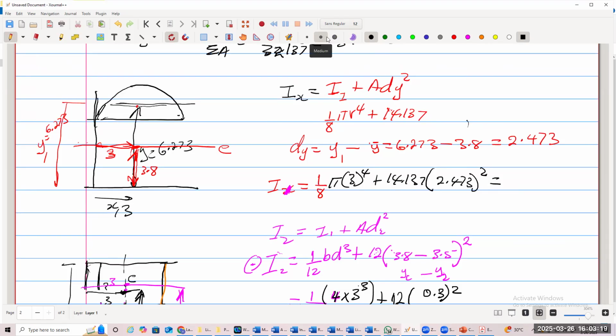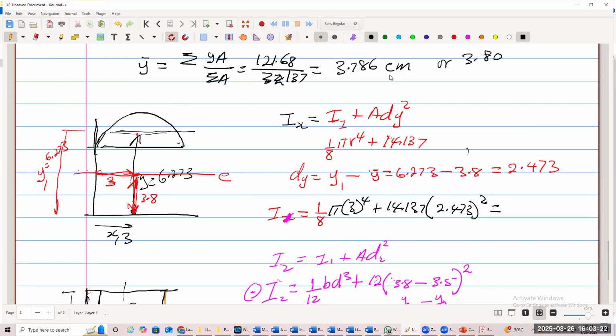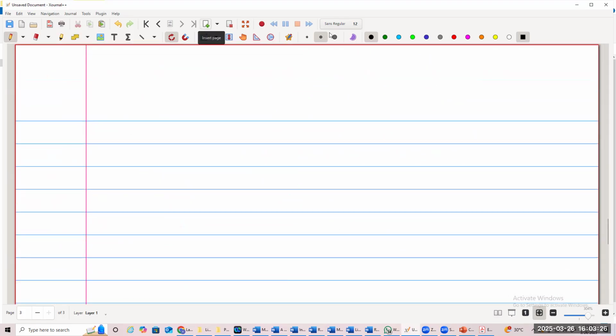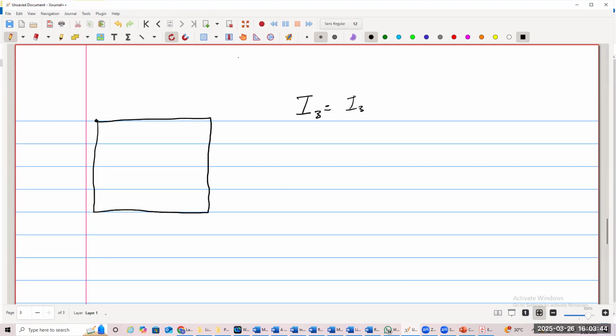This is what I have. I have a presentation now, and let me just see if I could show you how to do the last one, which is easy. The last one would be the bigger figure, which is the easiest one, and this is a solid area. So it is I3. It's going to be the I3 of the figure plus area times d squared.